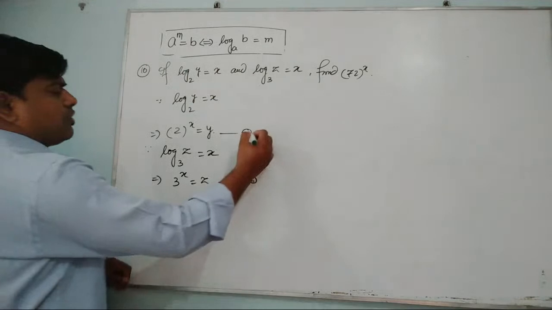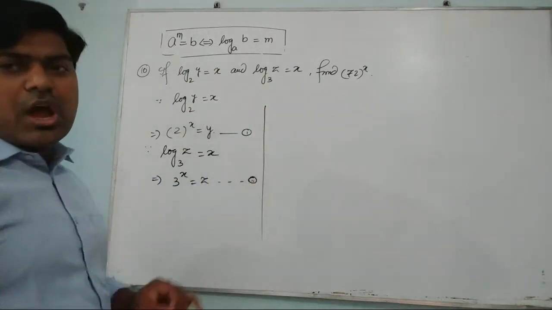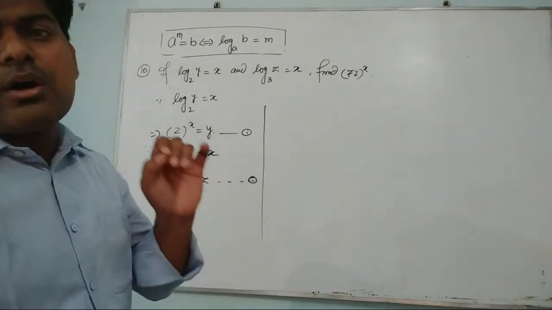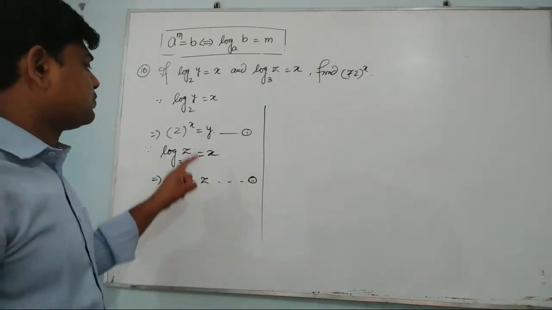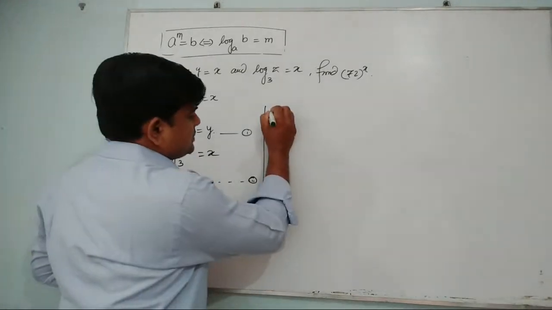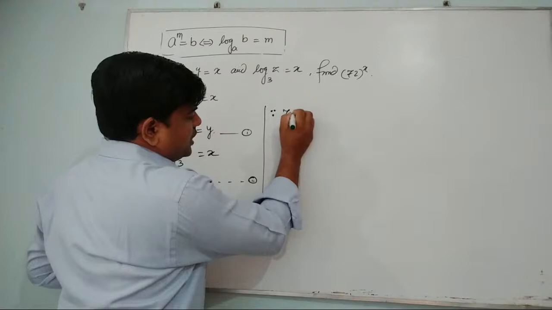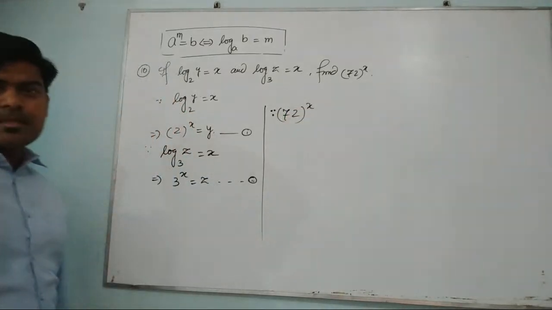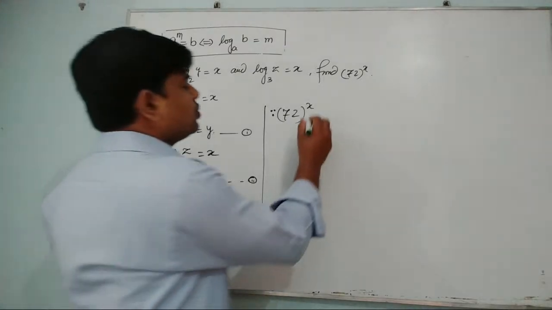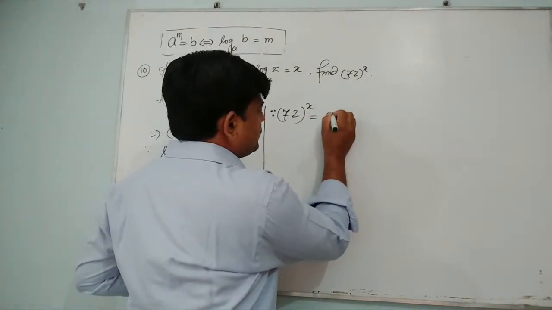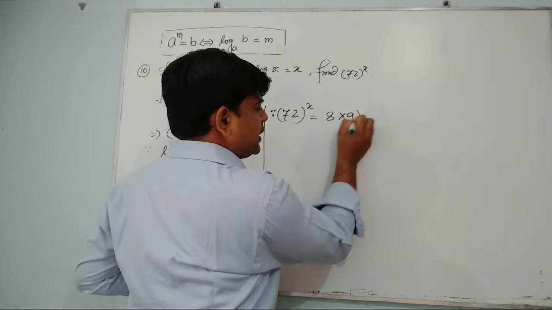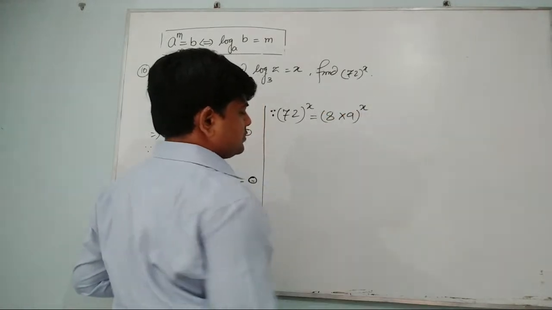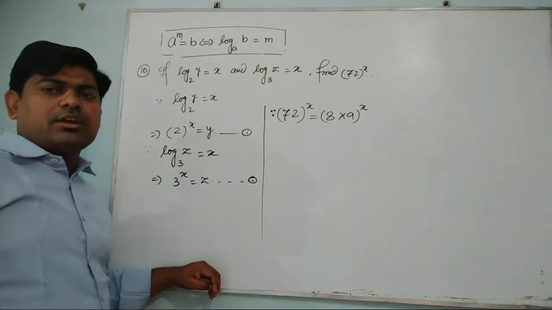Now what is our question? Our question is to write 72 to the power x in terms of y and z. Since we have 72 to the power x, got it? This 72 can be written as (8 into 9) to the power x. Why have I done like that?